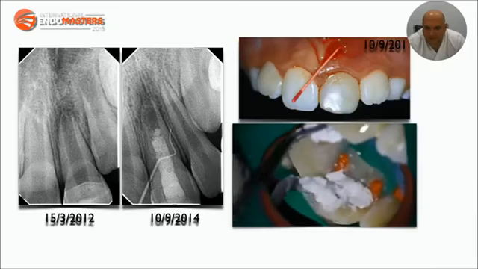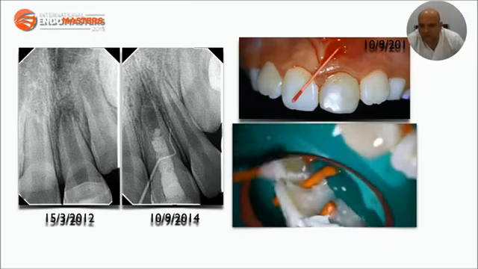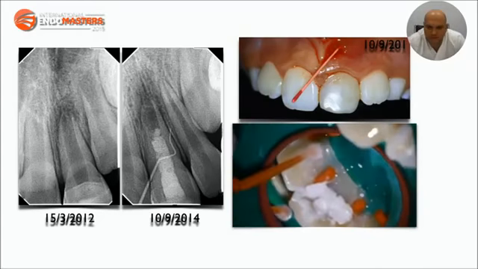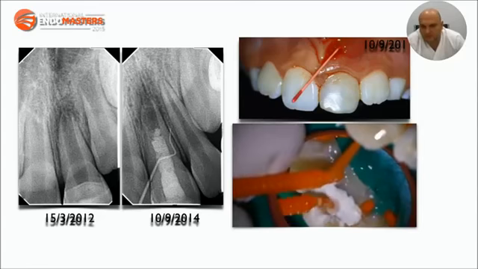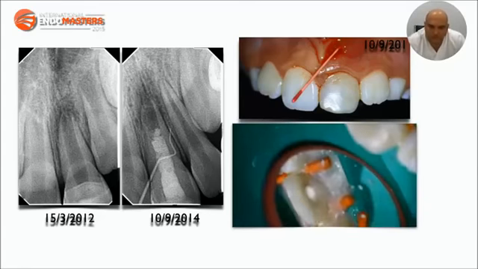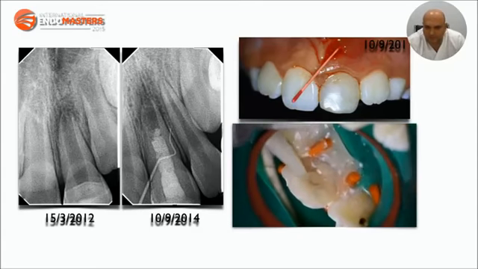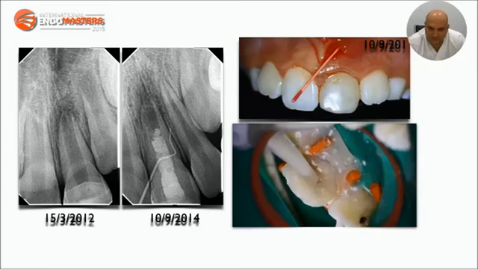Although I tried really hard to remove all the MTA remnants from the dentinal walls, I couldn't do it. I wasn't able to clean all the dentinal walls from the MTA remnants.